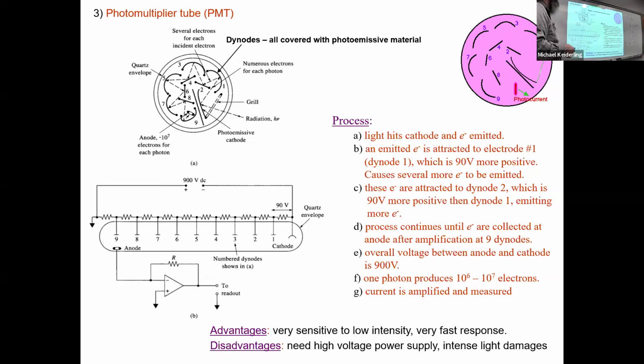One photon, however, will produce something like 10 to the 6 to 10 to the 7 electrons. So this is a really good tool when you don't have a lot of photons. Then the current is amplified and measured.